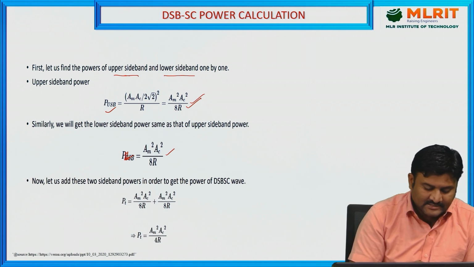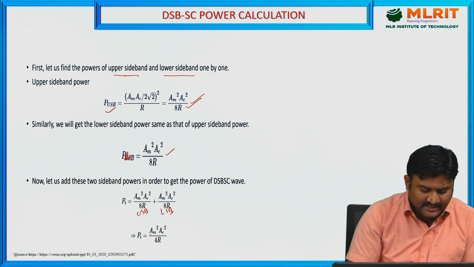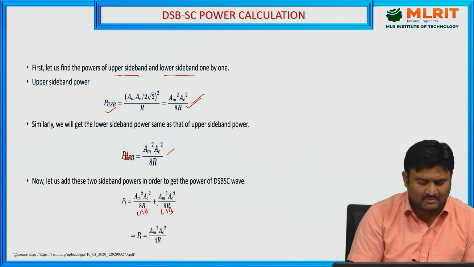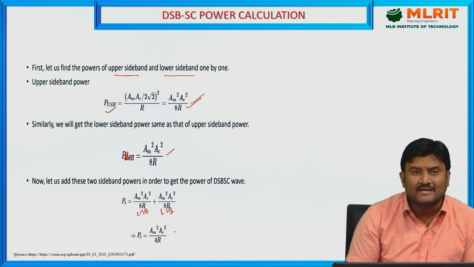Therefore, PT is equal to USB power plus LSB power. Then it is equal to AM square AC square by 8R plus AM square AC square by 8R, which gives AM square AC square by 4R. Clear?